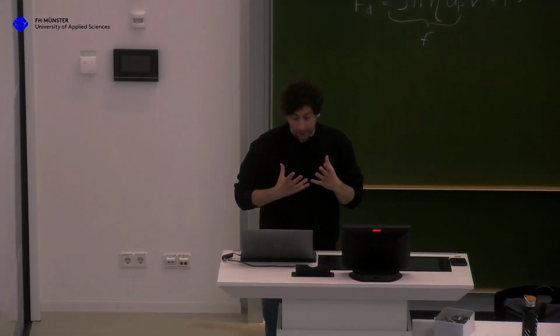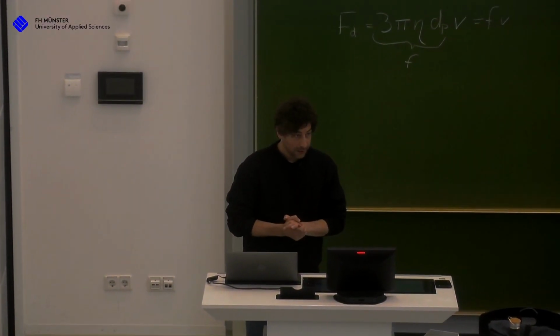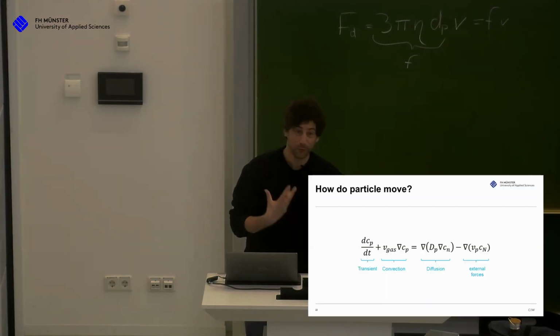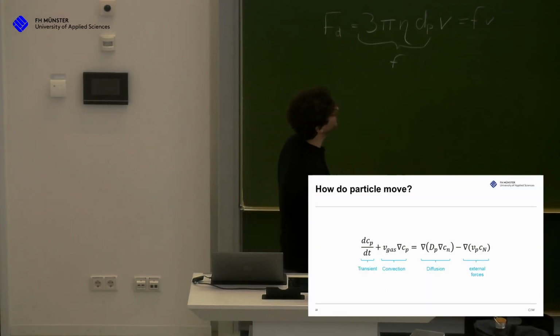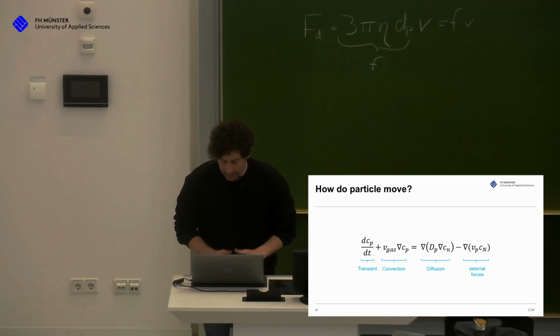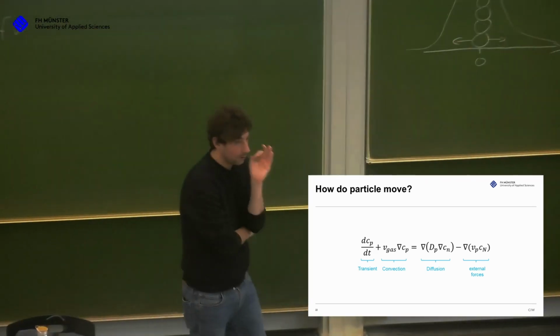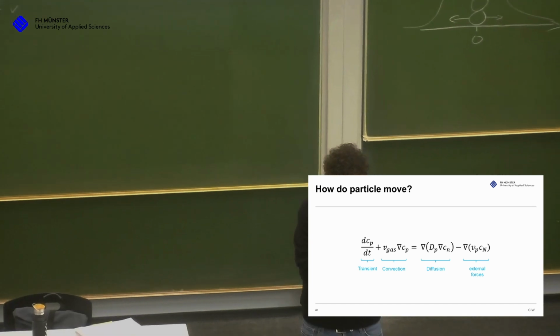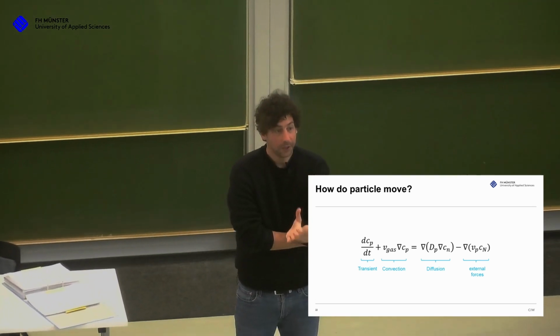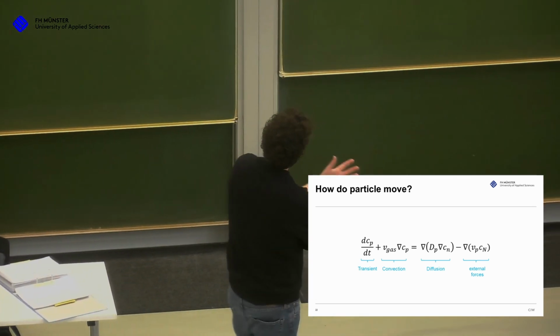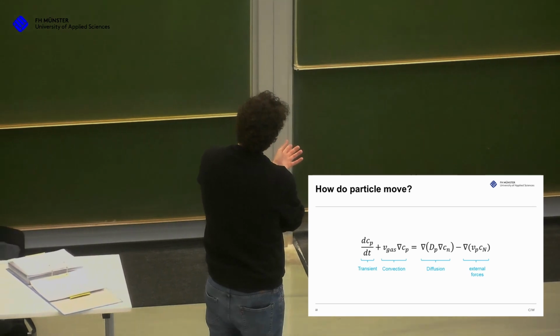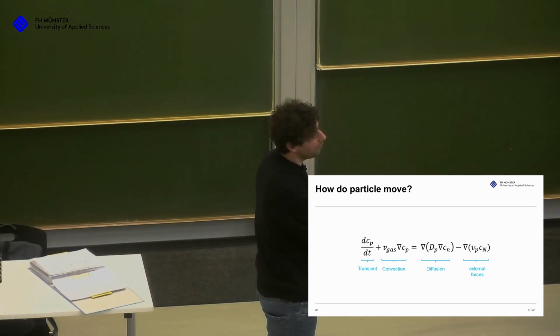Good. It's theoretically quite nice, probably. I don't know if it's nice for you. For me, it's nice to do these things. But what can we do with it? So far, I told you how particles move, and I told you the Navier-Stokes equation, and you should understand it a little bit. Now we have discussed all four terms.